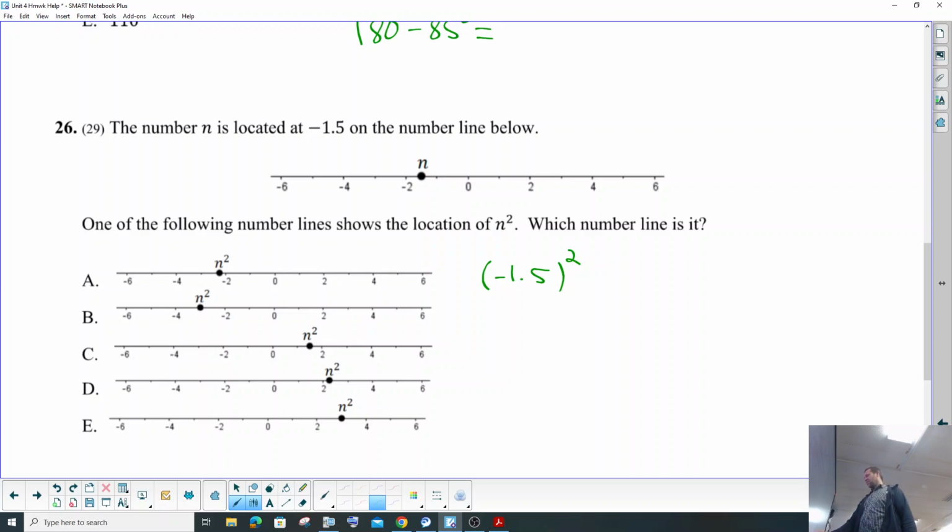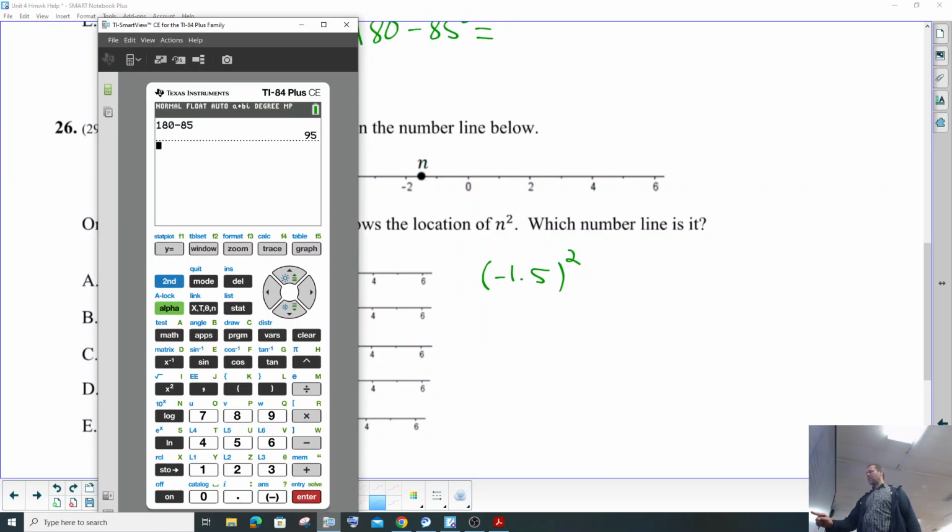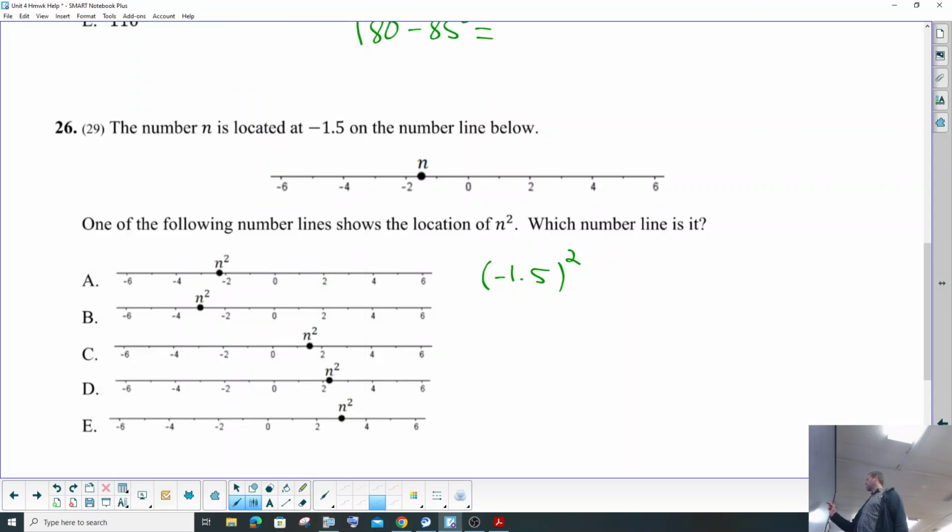So what is negative 1.5 times negative 1.5? Use parentheses and square it. So we get 2.25. So which one of those on the number line is 2.25? So 2.25 would be a 2 and a little tiny bit. So we're thinking that it's D.